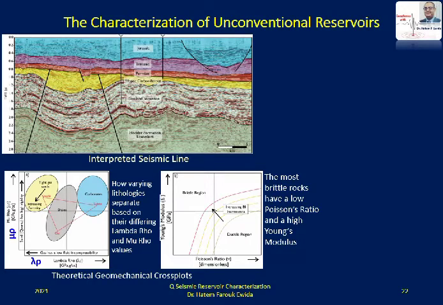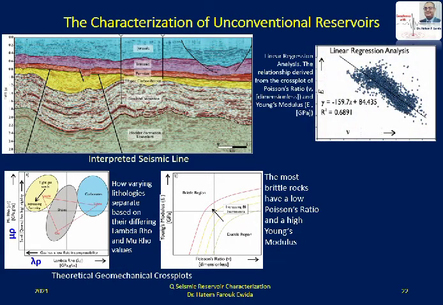Then they use this relationship and apply it on the inverted parameters that they got as output from the AVO seismic data, and they have this linear regression analysis to find the relation between the Poisson ratio and Young's modulus from the real seismic data. And this is how it looks.